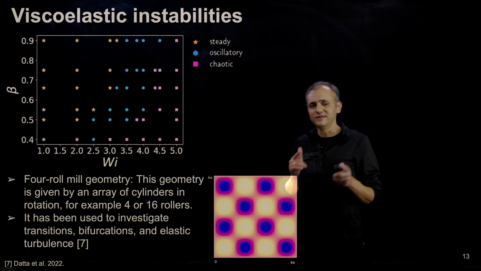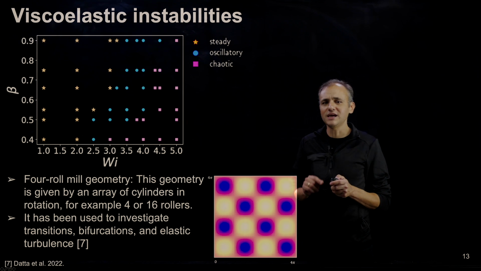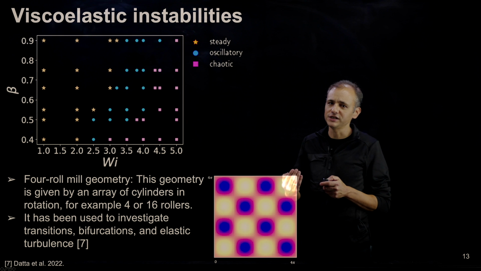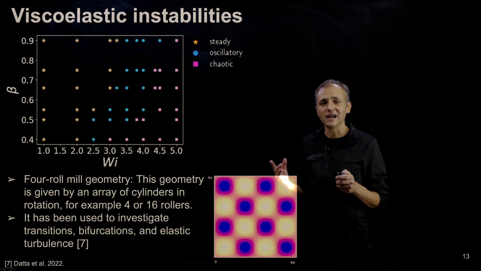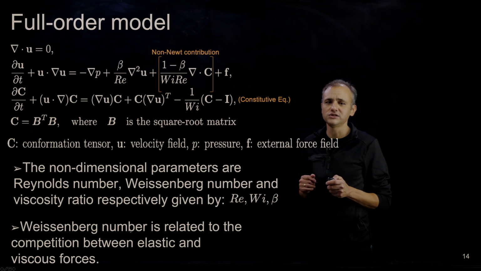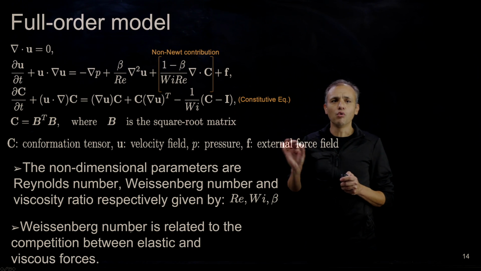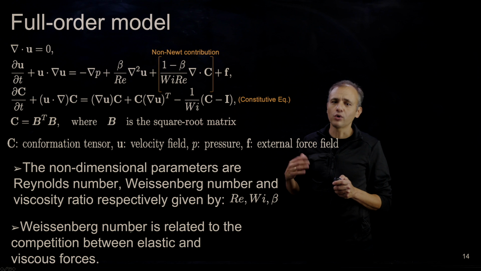Therefore, this geometry is very simple, but you can analyze some transitions, some bifurcations, and also the presence of elastic turbulence just using this geometry.